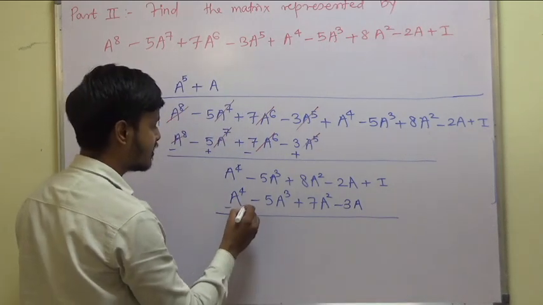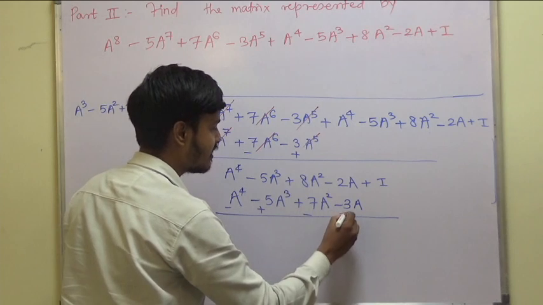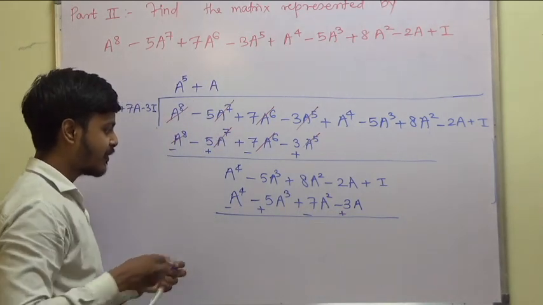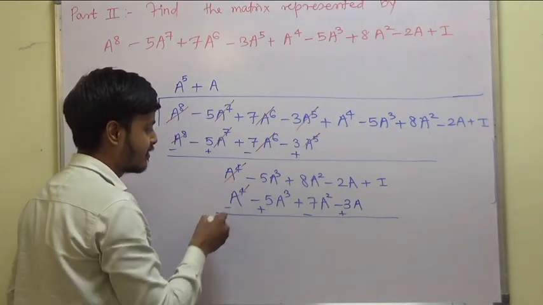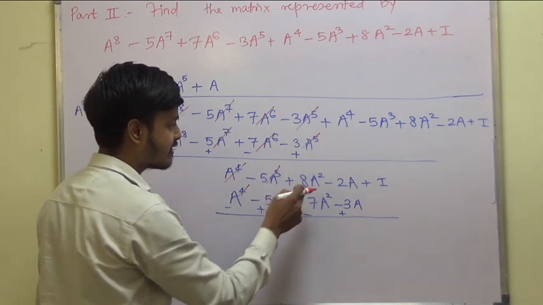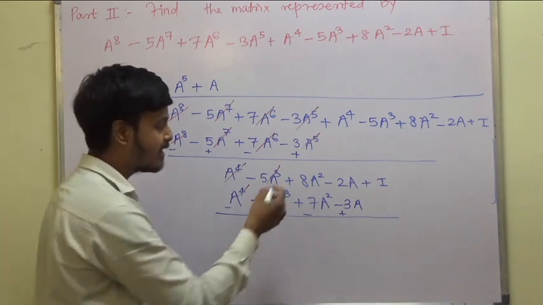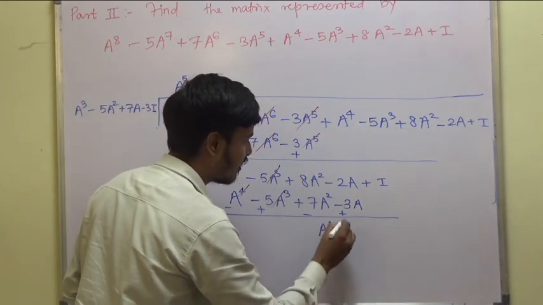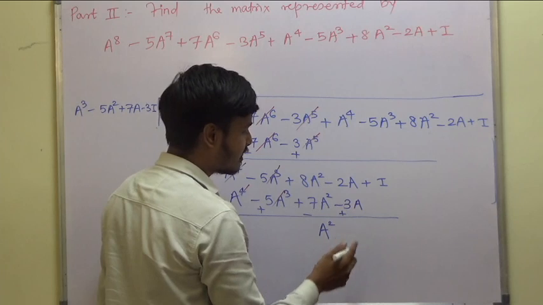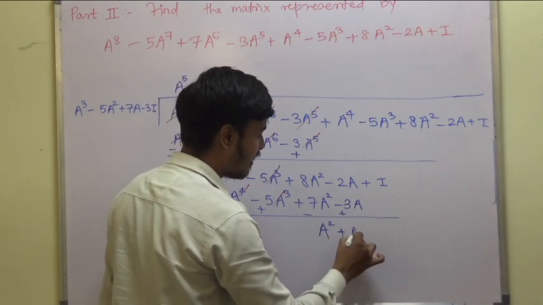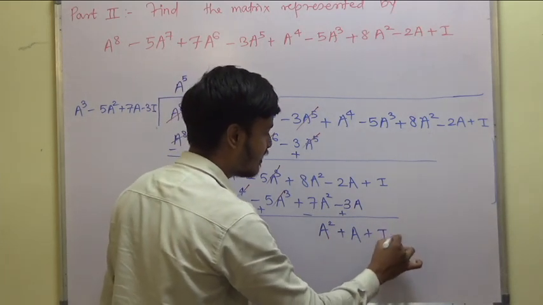Again there will be a change in sign, minus, plus, minus, plus. So again this gets cancelled. Now here you can see plus 8 minus 7, 1a square, minus 2 plus 3 is plus 1a, and this I as it is.